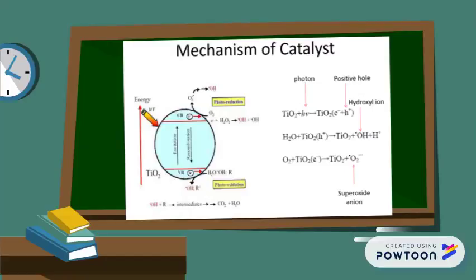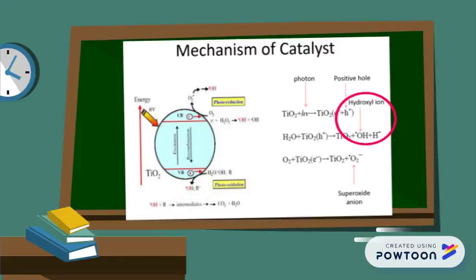The light, so you can see there, the hv is actually the sunlight. Titanium dioxide with the photon will form an electron and a positive hole. When the positive hole reacts with water, it will split into hydroxyl and hydrogen ion.